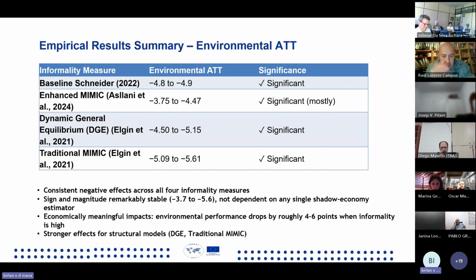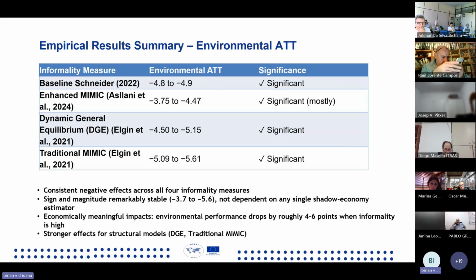Moving on to the environmental results, again, we have consistent negative effects across all the four measures. We see that the sign and magnitude are pretty stable across all estimators. And we also have significant results.